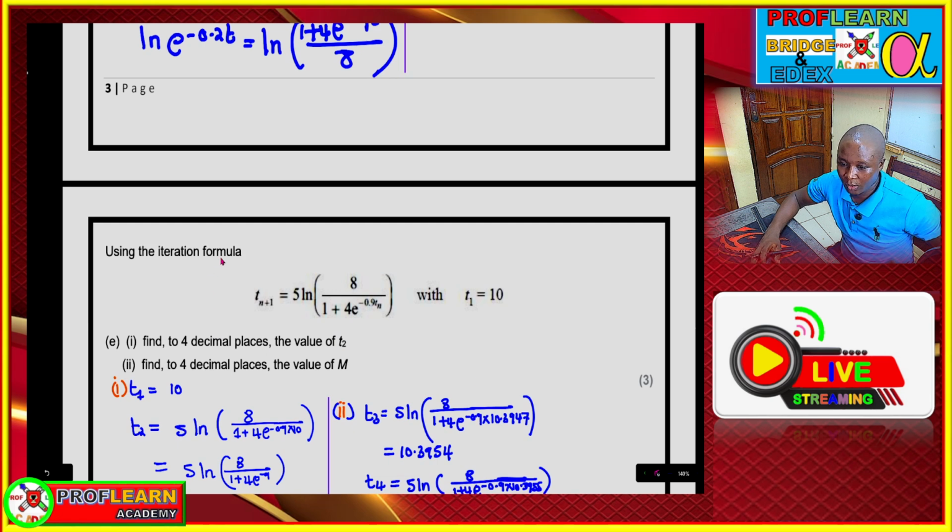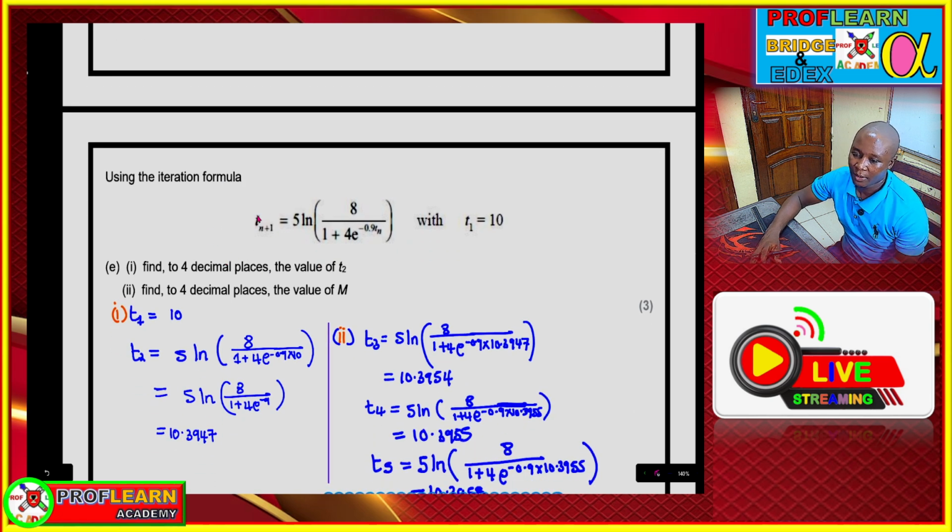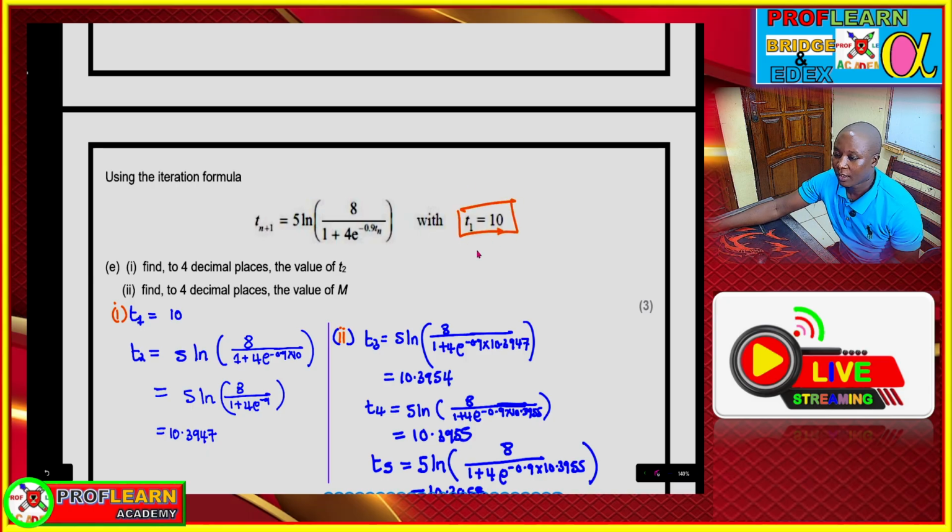Then we are told that using the iteration formula, t n plus 1 is equal to 5 ln of 8 over 1 plus e raised to power negative 0.9t n, but now the term t1 is 10. When you find t2, you are going to substitute this into this particular formula where you have t.